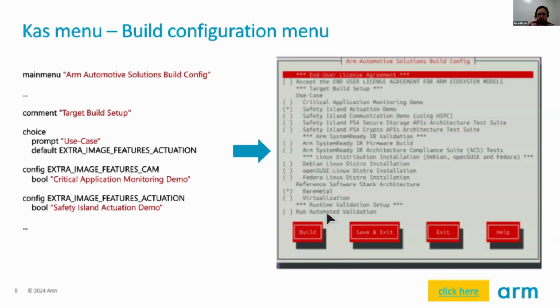There's also an option at the bottom called Run Automated Validation, which just turns on Test Image Auto. So from one menu, the end user can build and test any of our features. It uses the kconfig format, which I think originated in the kernel. And on the left is an excerpt from our kconfig file, and you can see how that transfers across to the menu in the screenshots.